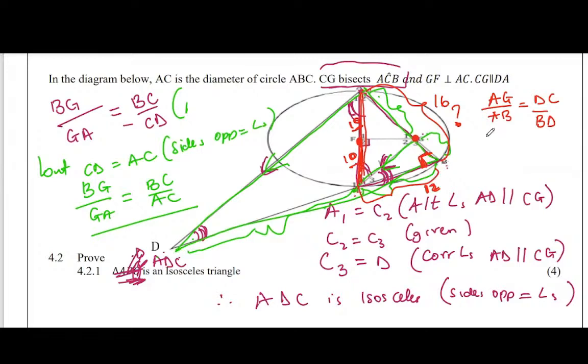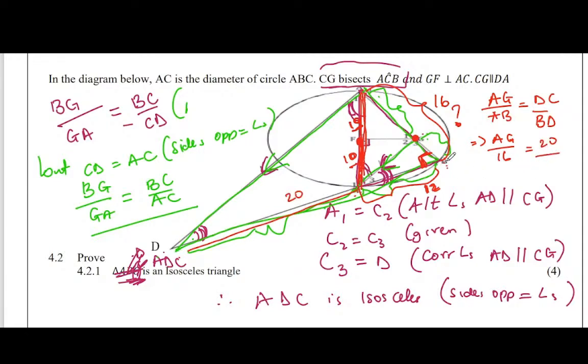We know that our AG is what we need, but our AB that we got is 16. Our DC is a 20, because we just looked at it: this side is the same as that side from the first part that we proved. So it's 20 over BD.